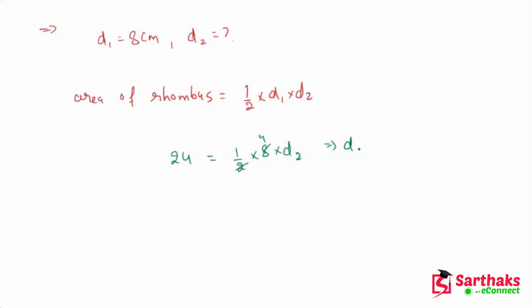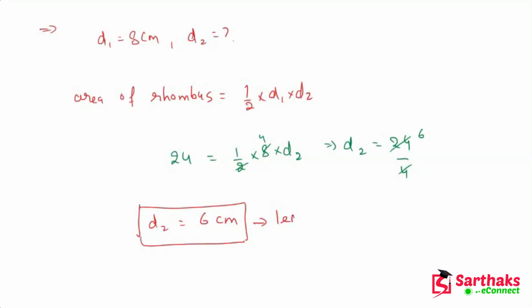So d2 is 24 divided by 4, which is 6. So d2 is 6 centimeter. The length of the other diagonal is 6 centimeter. I hope you understand these things, my dear friends.